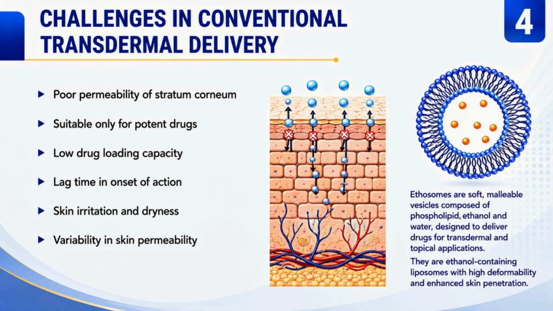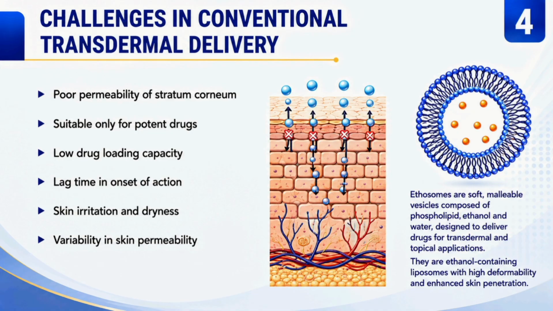This highly organized arrangement prevents many molecules from penetrating through the skin, right? Therefore, although transdermal delivery has several advantages, achieving adequate drug flux through intact skin is challenging. This is precisely where advanced vesicular systems such as ethosomes become useful.